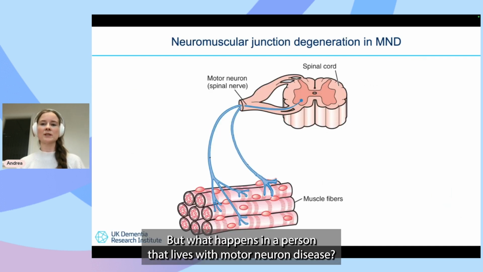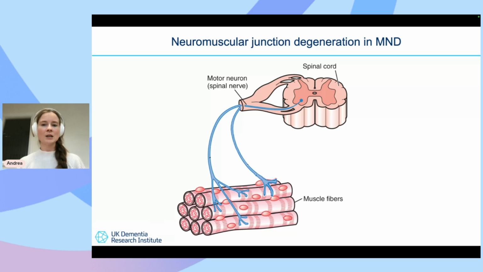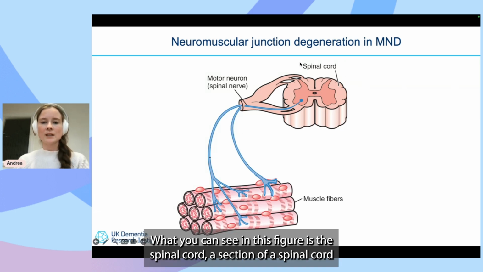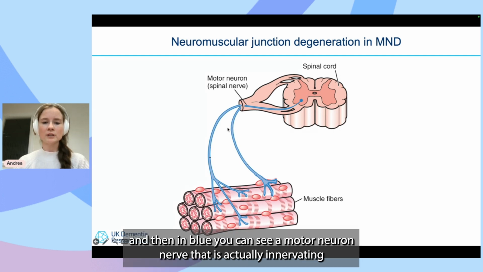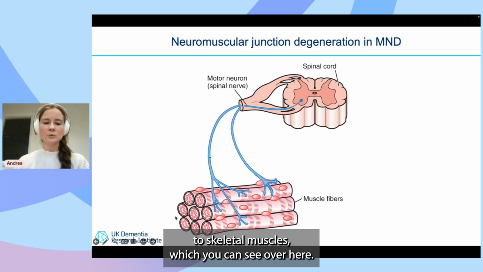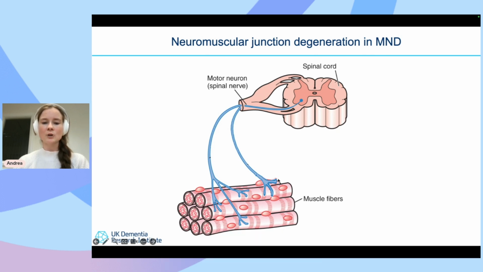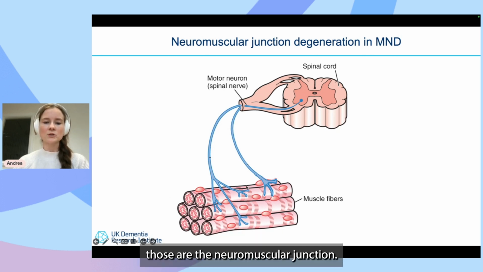But what happens in a person that lives with motor neuron disease? What you can see in this figure is the spinal cord, a section of a spinal cord, so only a part. And then in blue, you can see a motor neuron nerve that is actually innervating the skeletal muscles, which you can see over here. And all of these tiny connections, those are the neuromuscular junction.